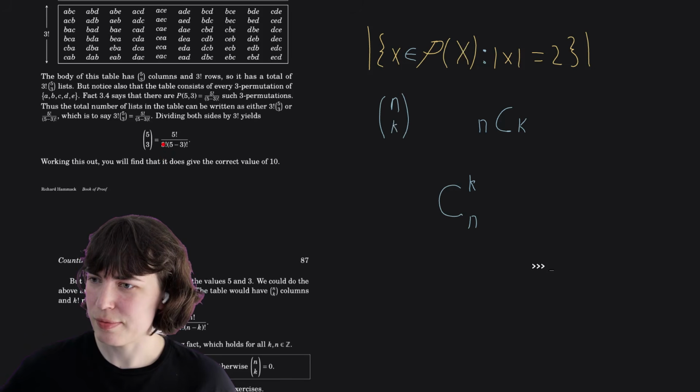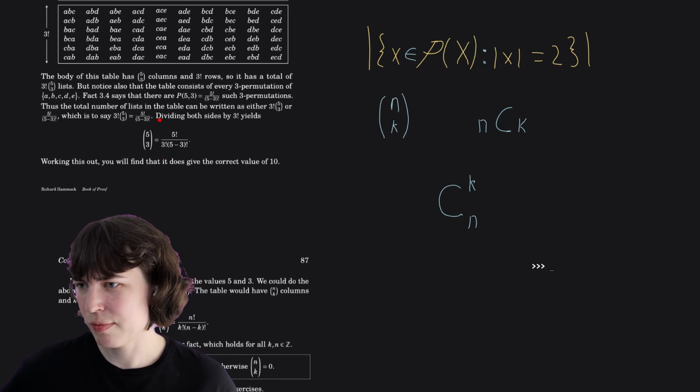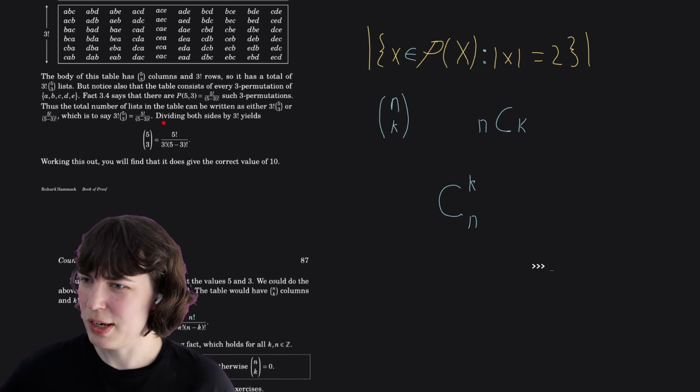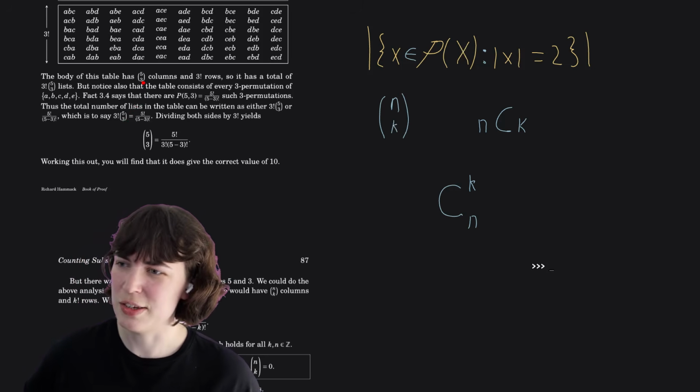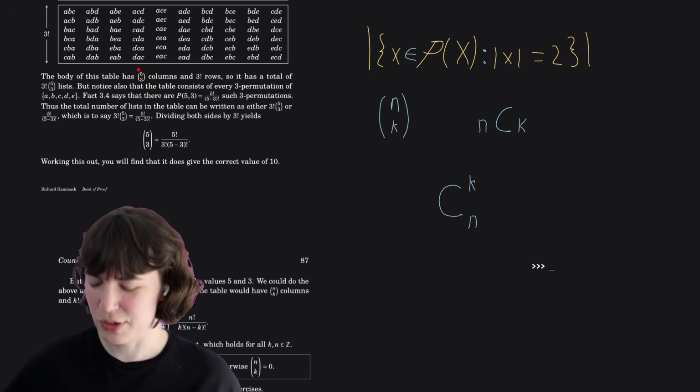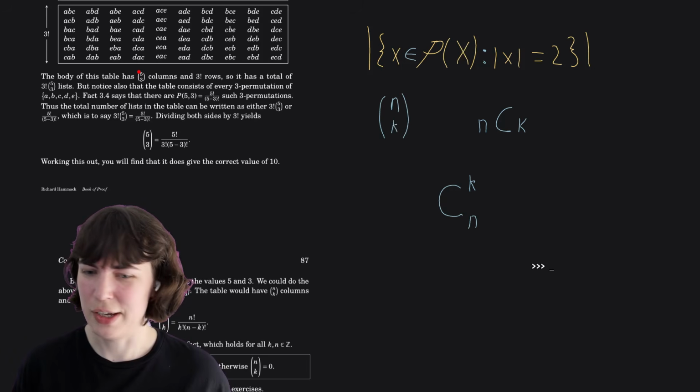Fine. Oh, right. So he just wants to get rid of this so that he can have a formula for this. Okay, that's where he's going. He's trying to get a formula for n choose k.